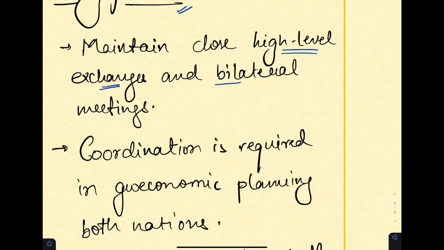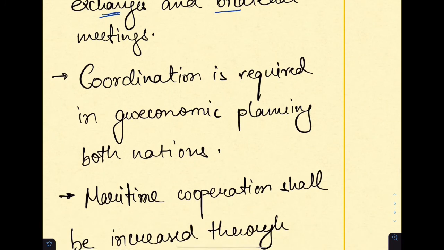So they should have bilateral exchanges, high level exchanges. The other one is coordination. See, both the economies, India and China, are emerging economies. So they should be coordinating instead of fighting in geopolitical issues. Geoeconomic planning should be there, and go on from there.